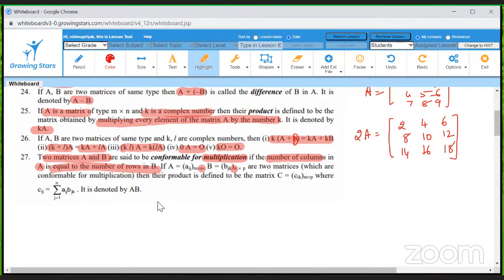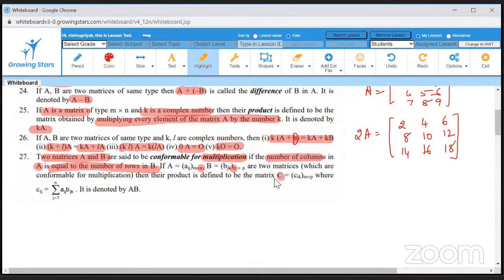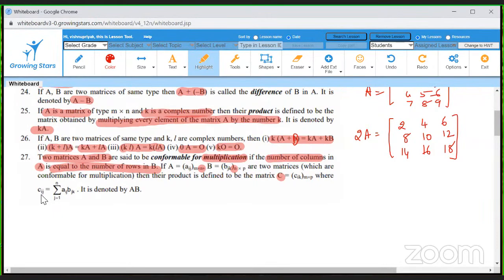Then only you can multiply the two matrices. And how will you multiply? After multiplying you will get a C matrix, in which the elements will be Cij. How will you get this element Cij? By multiplying Aij and Bjk and adding.